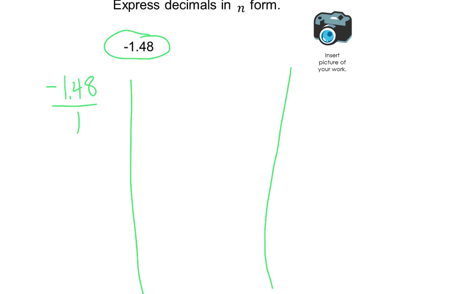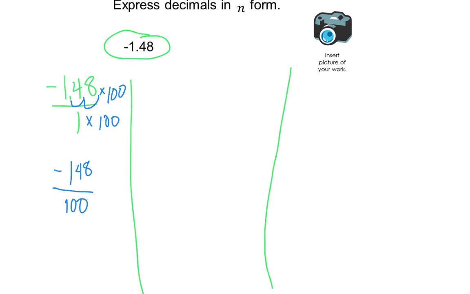You cannot have a decimal in a fraction, so we need to multiply the numerator by a certain number to move the decimal 2 places to the right. Hopefully you said to yourself, I'm going to multiply by 100. Then what you do to the numerator, you have to do to the denominator in order to maintain an equivalent fraction. So my numerator is going to be negative 148. My denominator is going to be 100.